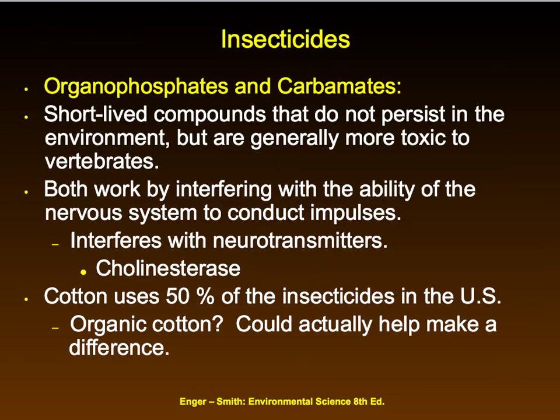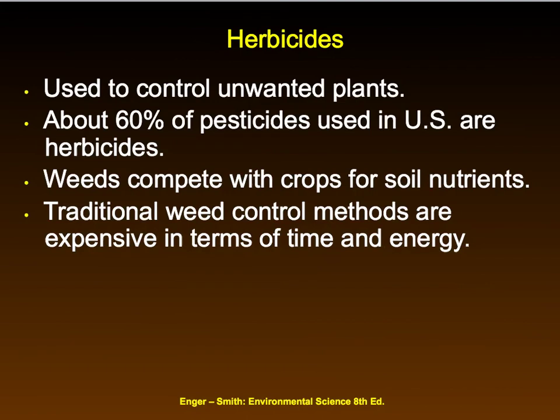They work by interfering with the ability of the nervous system to conduct impulses and by interfering with neurotransmitters. Cotton uses 50% of the insecticides in the U.S. So if you chose organic cotton, you could actually make a difference in the amount of insecticides being used.